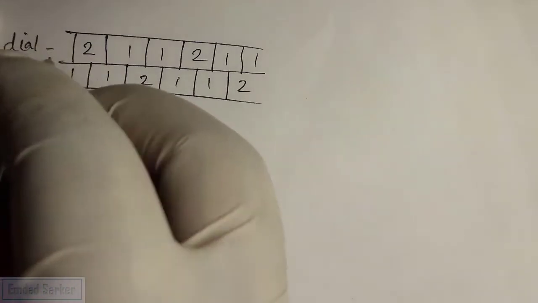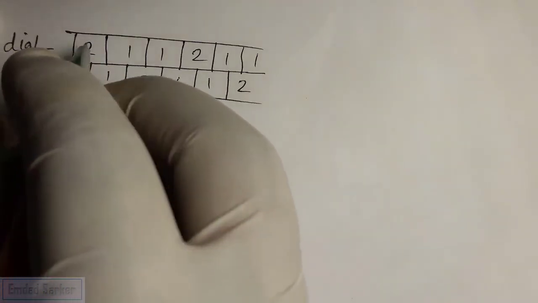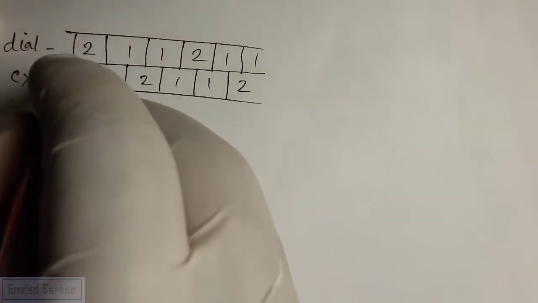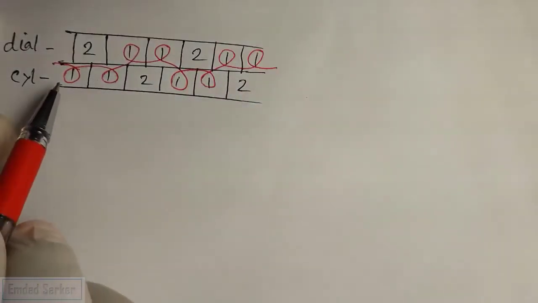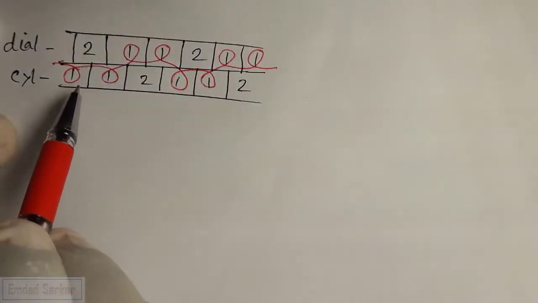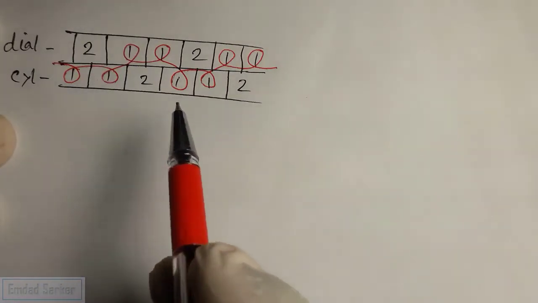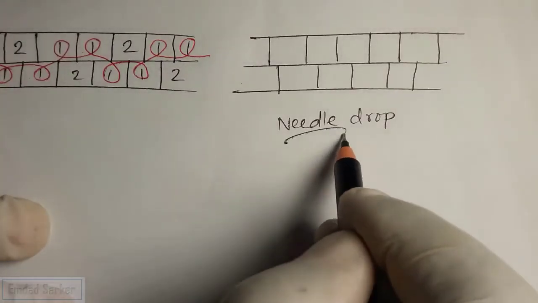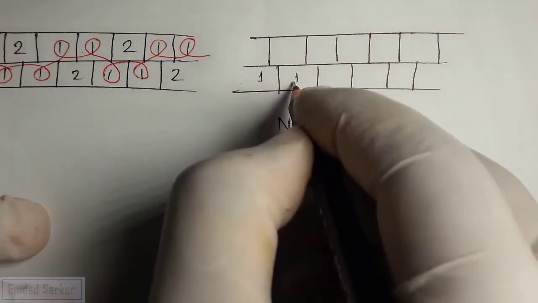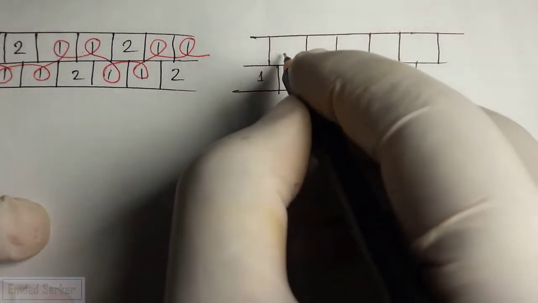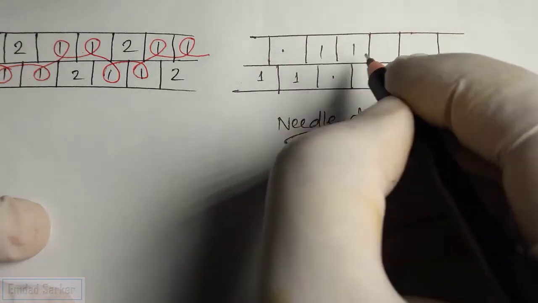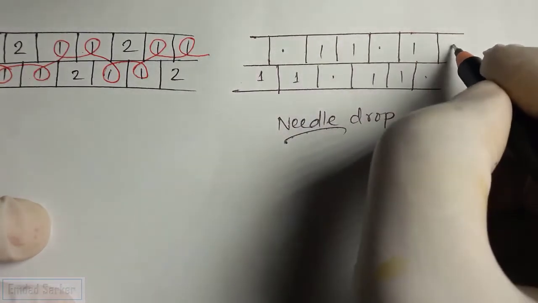If we try to draw the course of the 2 by 2 rib structure, this is the 2 by 2 rib structure with this needle arrangement. In the case of needle drop, this will start with 1, 1, drop, 1, 1, drop. So this will be drop, 1, 1, drop, 1, 1.